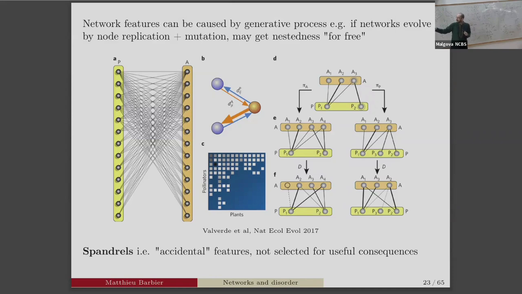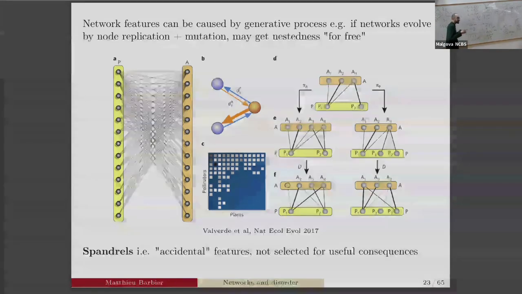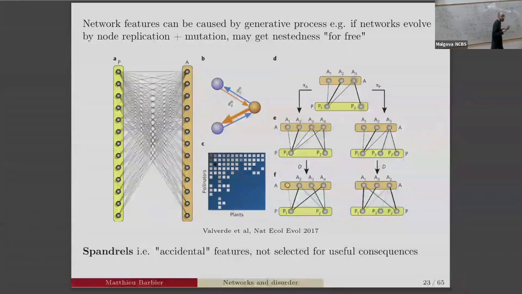If you repeat this process many times, then automatically you get a very nested network, because if you're an offspring of someone who was very generalist, you will also be very generalist, and so you have many rows that are similar. And you can go into the details and see that it creates a lot of nestedness. So it could be that nestedness is not something that is ecologically important at all.